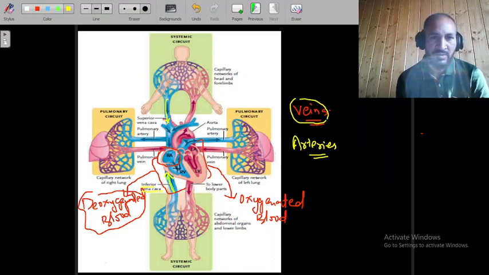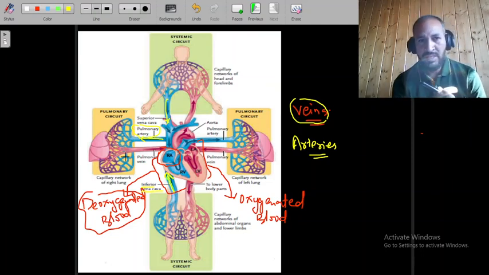What happens to it? This blood is transported to your lungs. You see here, it's transported through these arteries, the pulmonary artery. Through this artery, it is transported to your lungs.